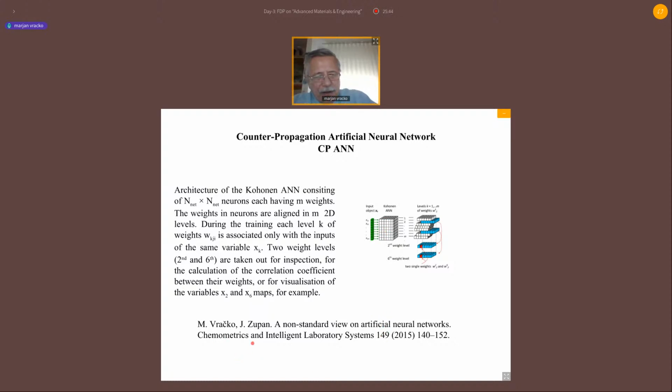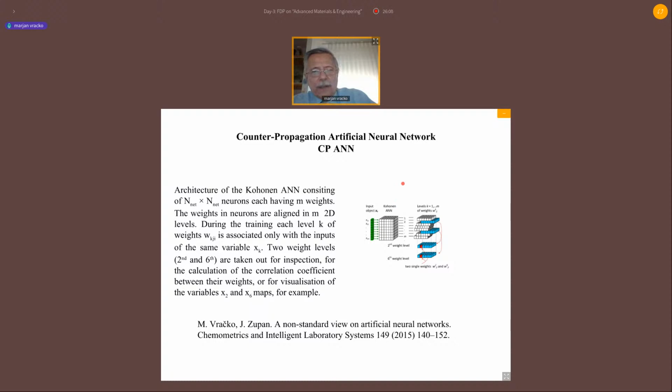For example, you can see the description in this paper. But what is important at the end, when our network is trained, our objects are organized in this two-dimensional structure in a way that similar objects are close to each other.